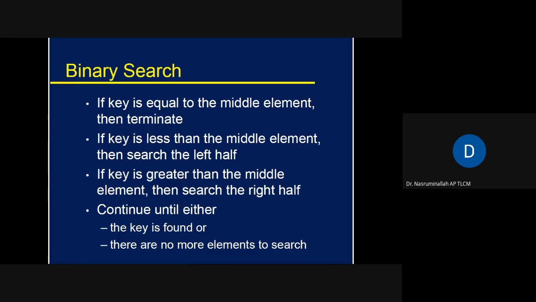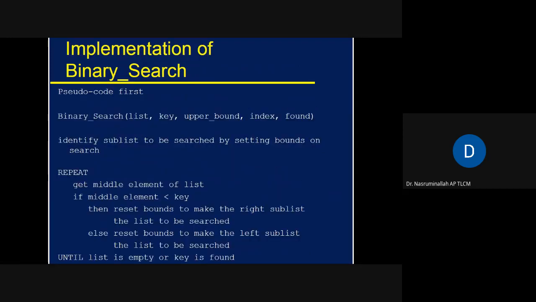So how? These different conditions will be explained in a bit more detail using this pseudocode. As I already said, within the binary search, you have an organized form of data. You have a key to be found within the organized form of data. For the data, you have a lower bound, you have an upper bound, and you will need to find the middle element.